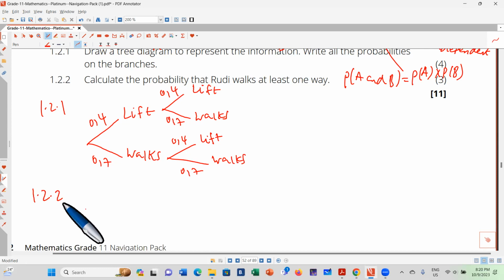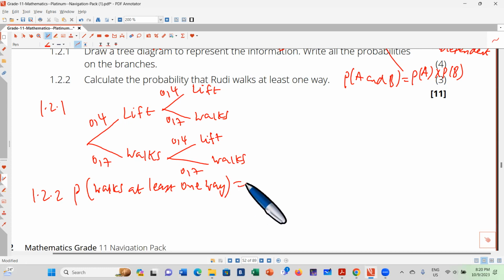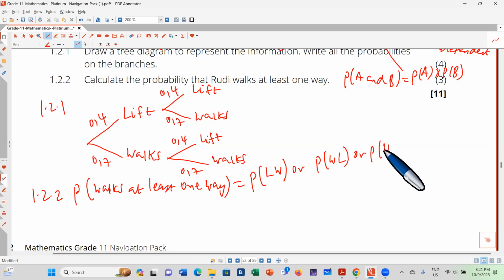The probability that he walks at least one way is the probability of lift then walking, or the probability of walking then lift, or the probability of walking then walking.